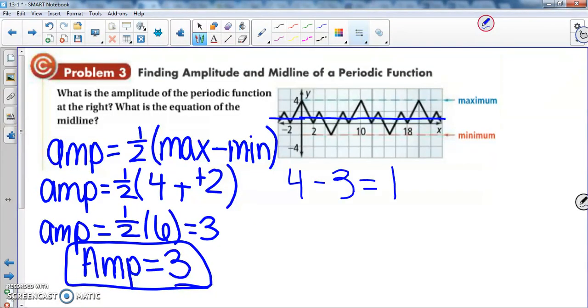So 4 minus 3 is 1. So our midline is y is equal to 1.